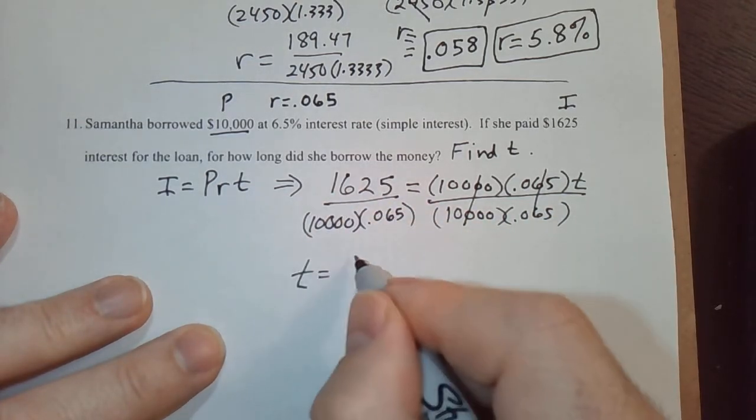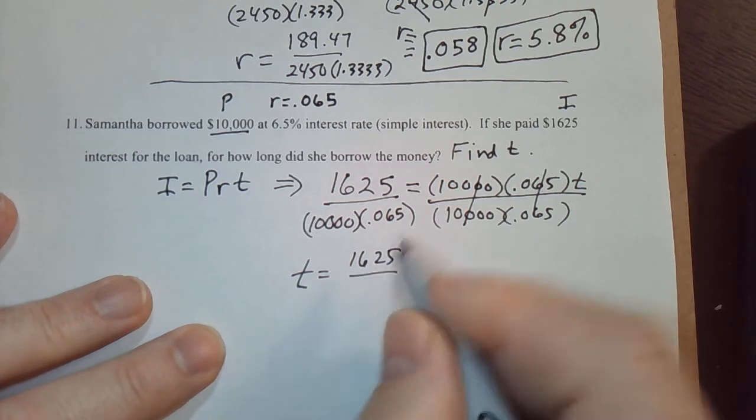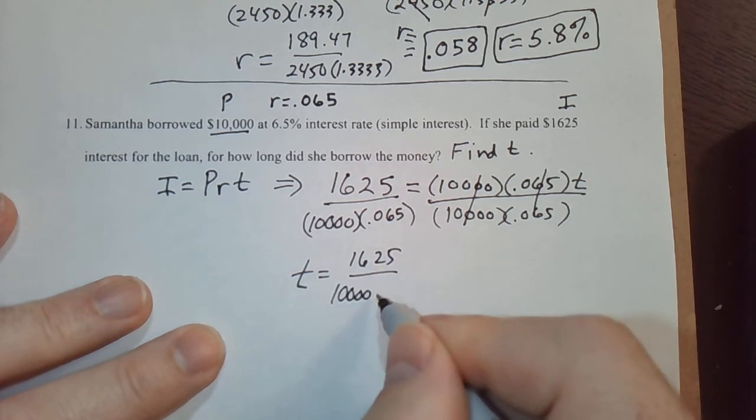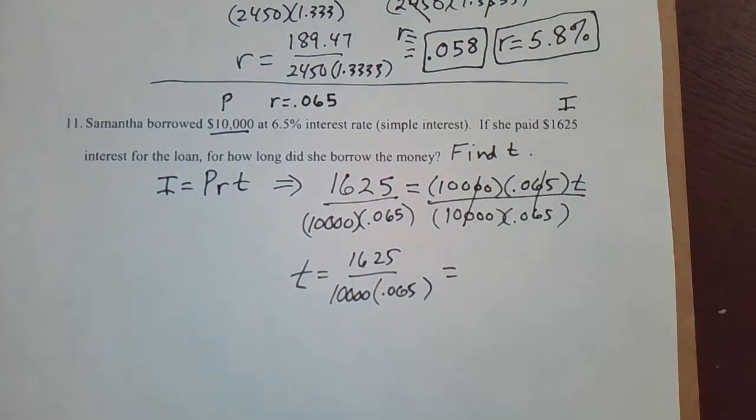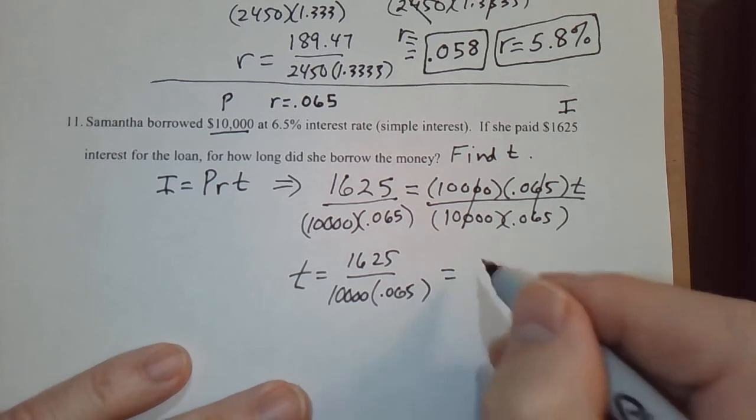So T is equal to 1625 over 10,000 times 0.065. And let me plug this into the calculator: 1625 divided by 10,000 times 0.065. And it comes to a nice number of 2.5.